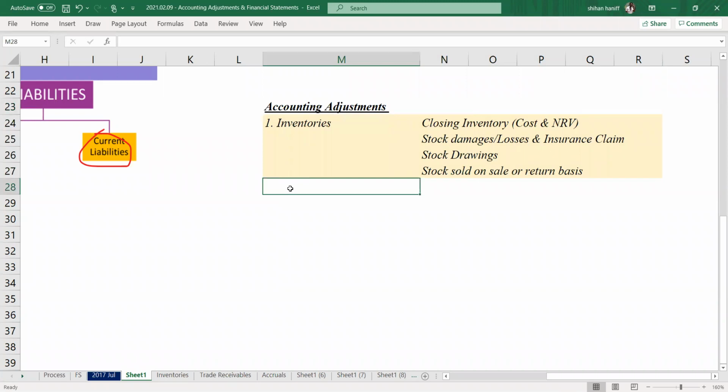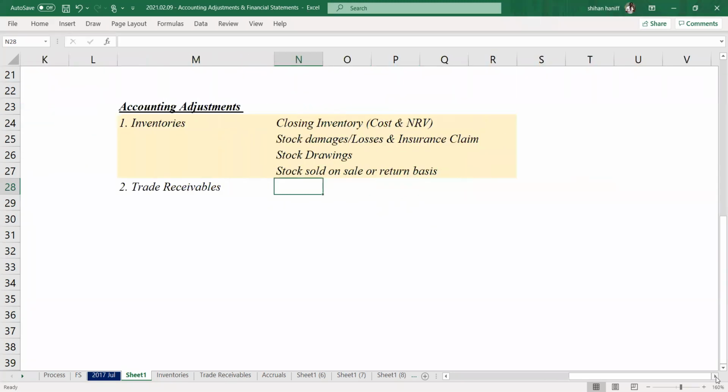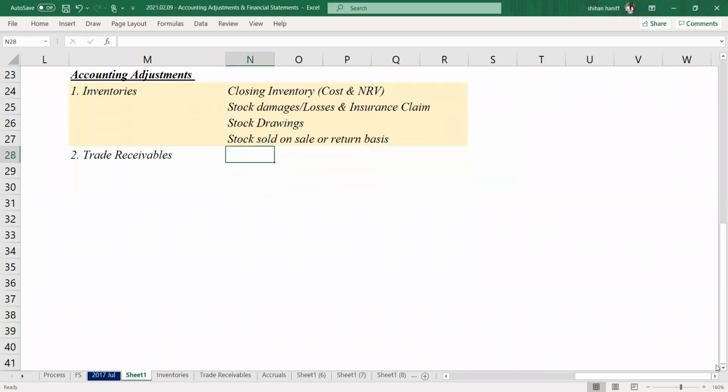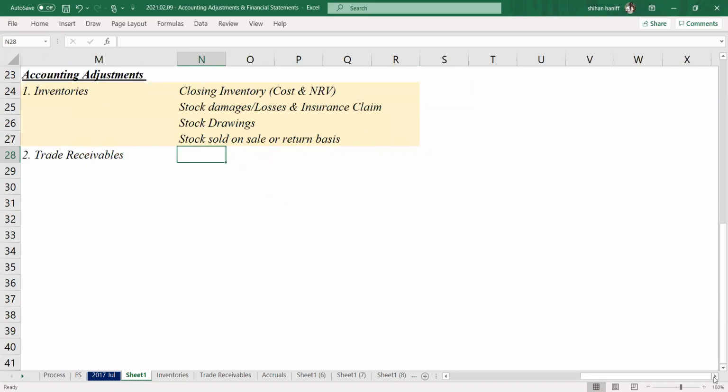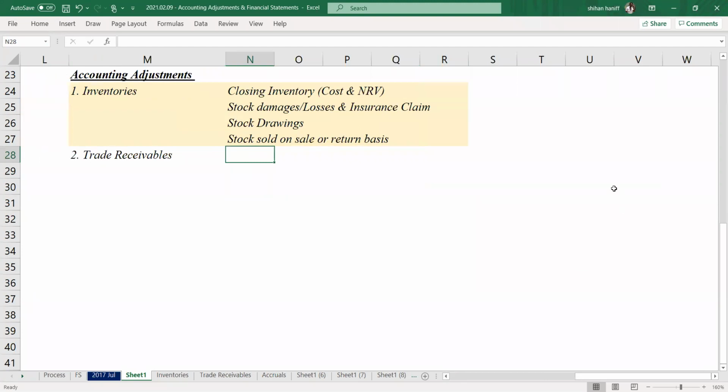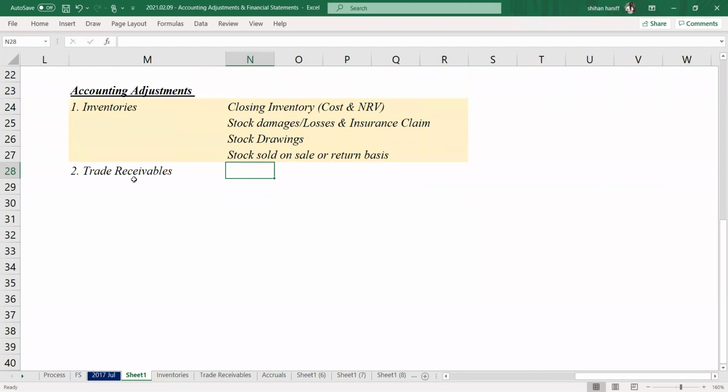So number one, you need to know the inventories. Number two is trade receivables or the debtors, adjustments related to debtors. Debtors related adjustments, we have two main adjustments.